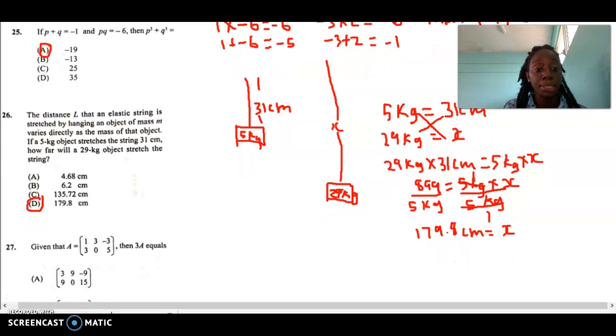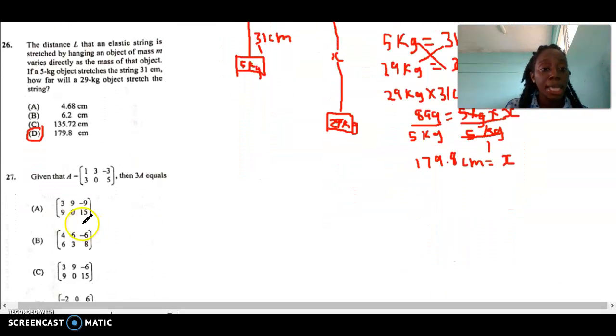On to question 27. Given that A is a matrix, then 3A equals, so what this basically means is scalar multiplication. So I will take the scalar 3 and multiply by each of the elements of matrix A. So matrix A has elements 1, 3, 3, 0, -5, -3, sorry about that, and +5.